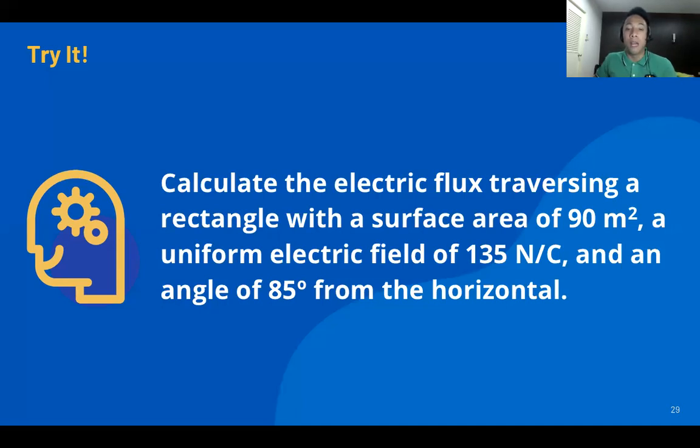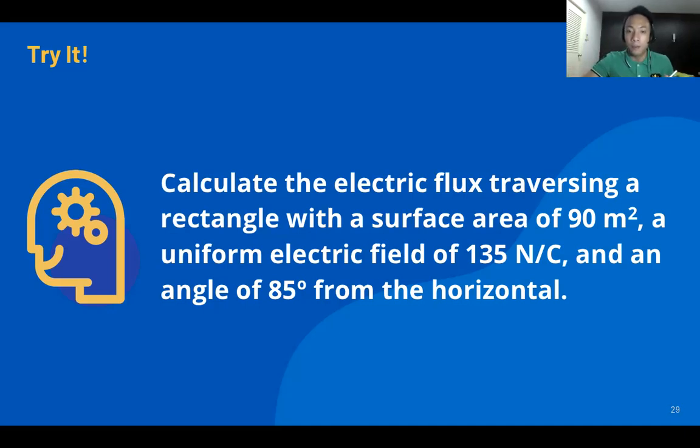A uniform electric field of 135 N/C. Area is 90 meters squared, our electric field is 135 N/C, and we have the theta, which is 85 degrees.